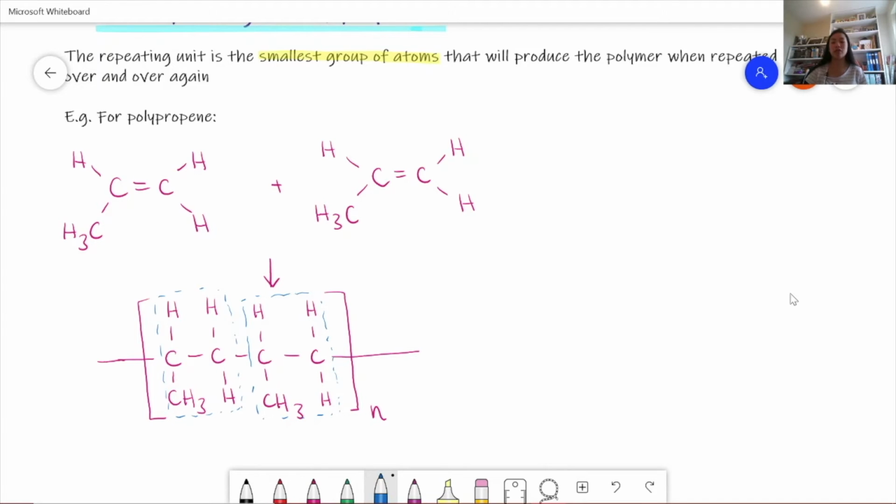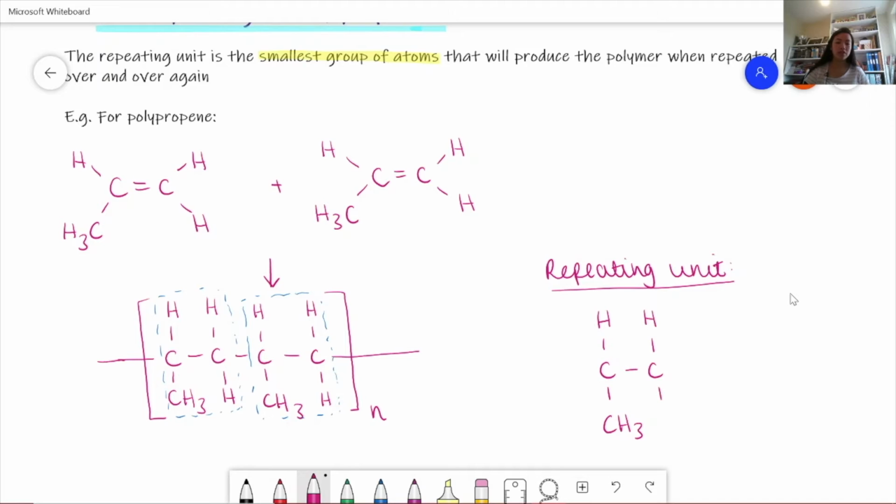So this is 2 times the repeating unit. And so we get that the repeating unit is equal to carbon with the hydrogen, and we need the methyl group, and then 2 hydrogens. And we still need the brackets and the N.